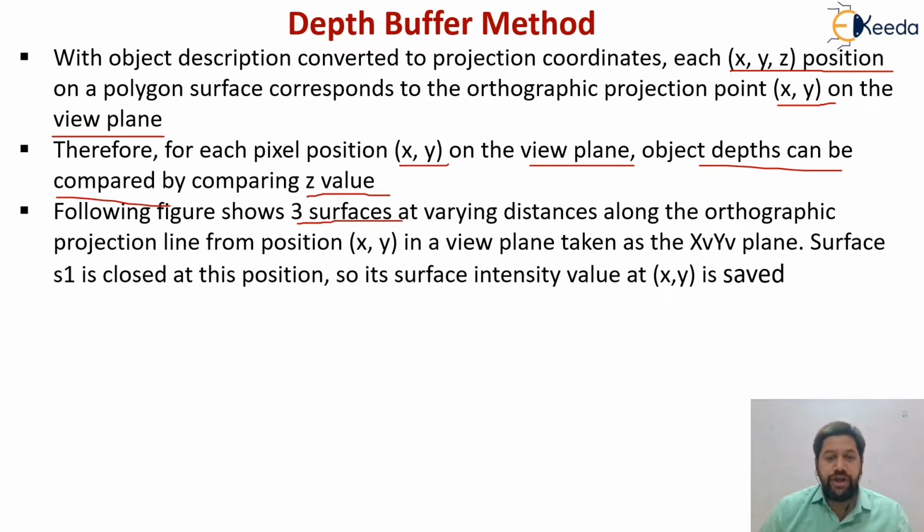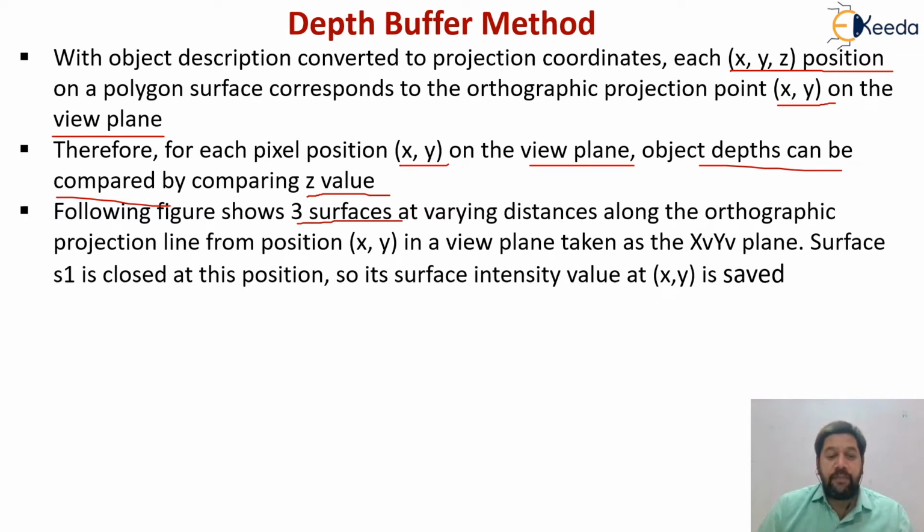Here we are considering the first diagram initially, so that we can come to know how the depth buffer method will display the object appropriately. So we are considering this example initially.